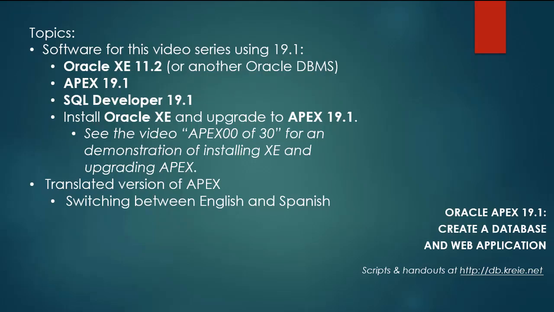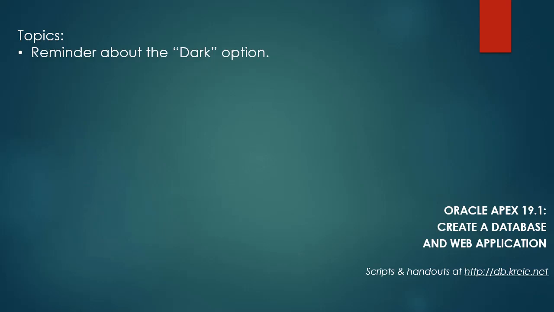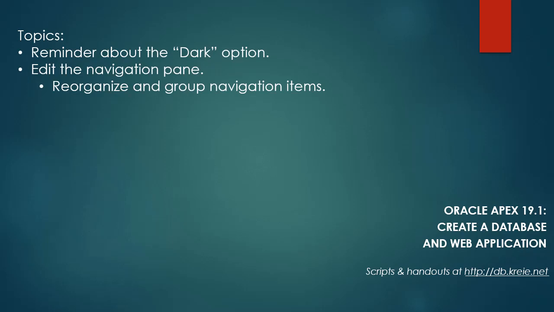So let's get started. In this video, we'll remind ourselves of the dark option when we log into Apex, and we're going to edit the navigation pane. We'll reorganize and group some navigation items by adding some parent or landing pages by different topics.